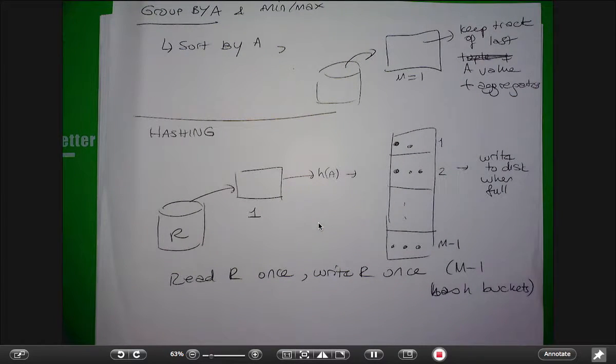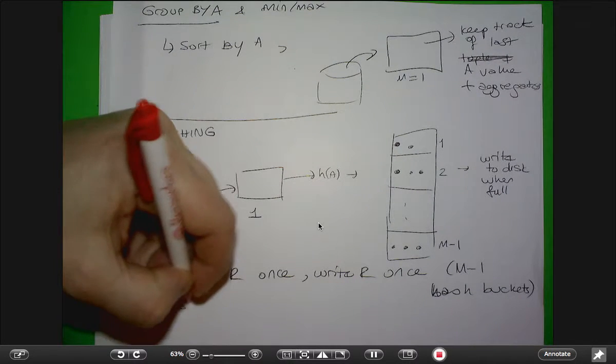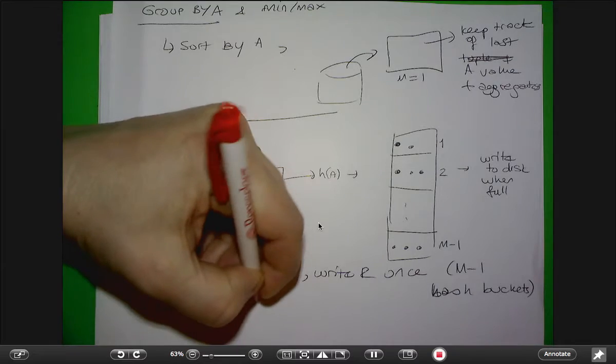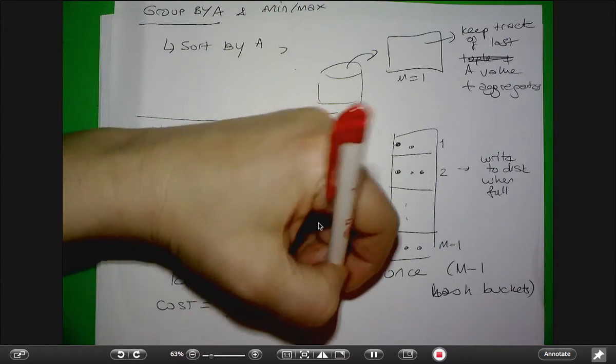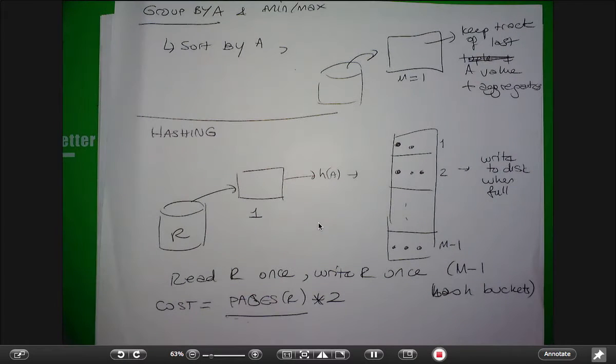So basically the cost of doing this so far is twice the number of pages, because you read once and you wrote once.